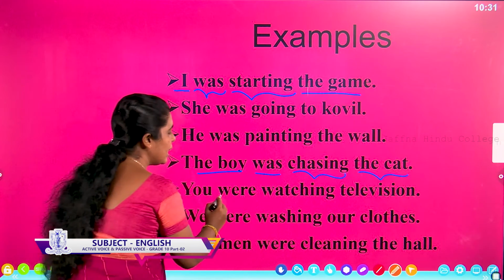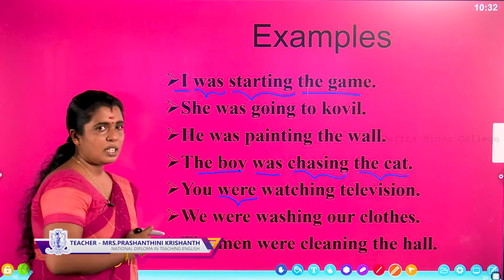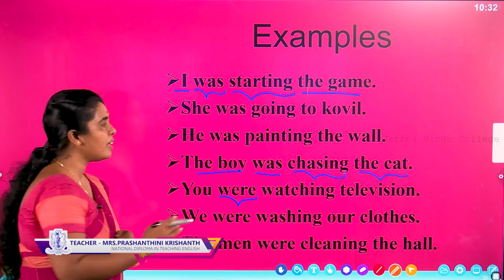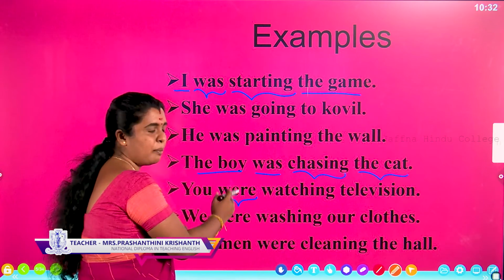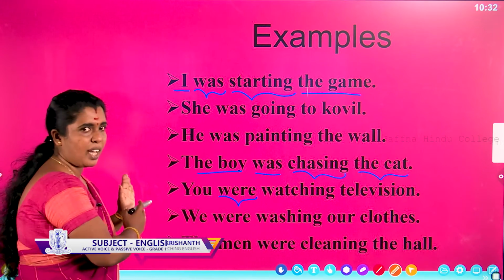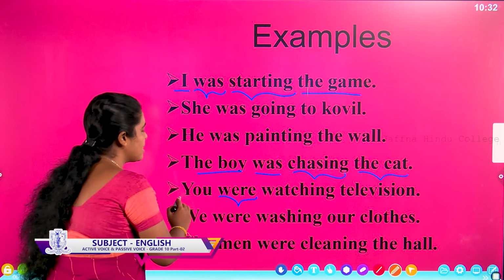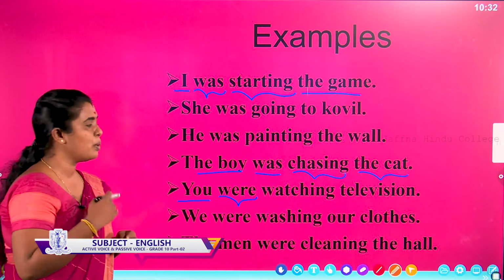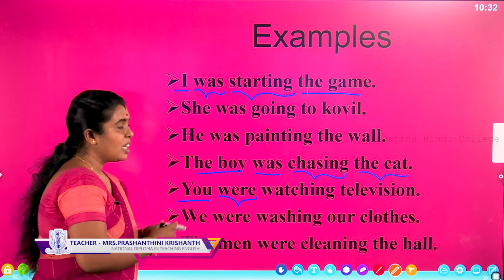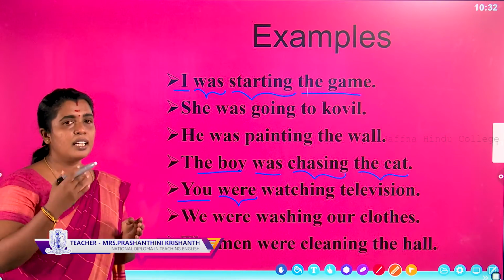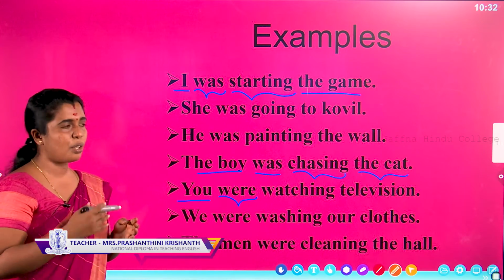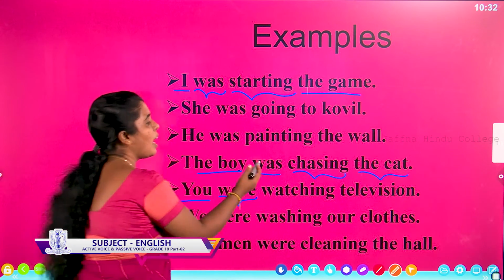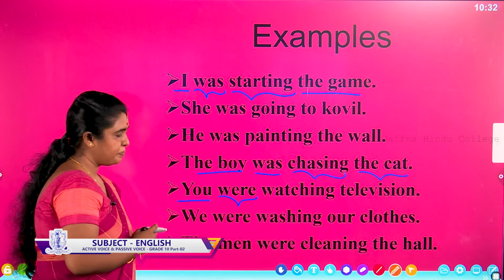Here the helping verb is were. So we have to identify the suitable helping verb. It depends on the subject. If the subject is you, we, they or plural, we must use were. If the subject is I, he, she, it or singular nouns, we have to use was.